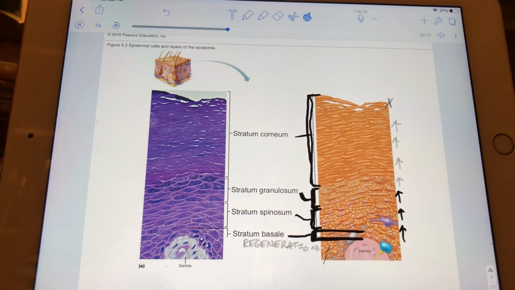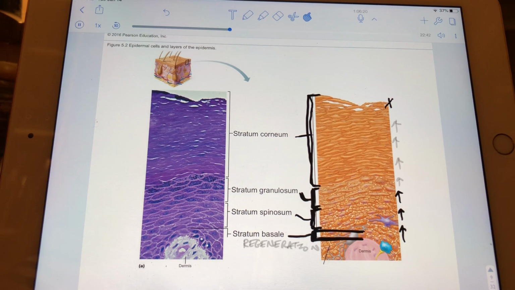If we use this idea of keratinocytes moving from basal surface to apical surface, then it might become more clear to you that the stratum basal is where keratinocytes are, if you will, born, okay? So they're youngest in stratum basal, and certainly oldest where they're shed at the apical surface, okay?